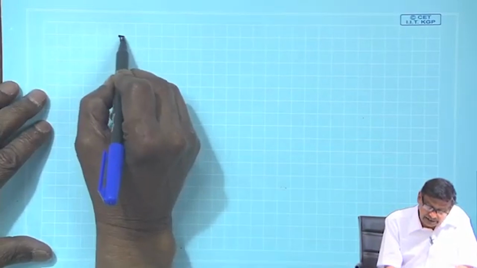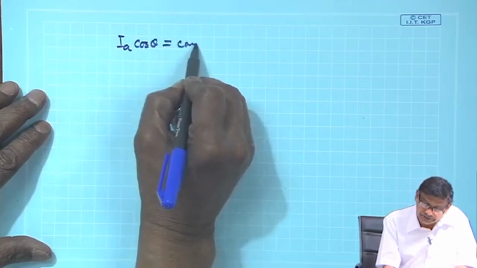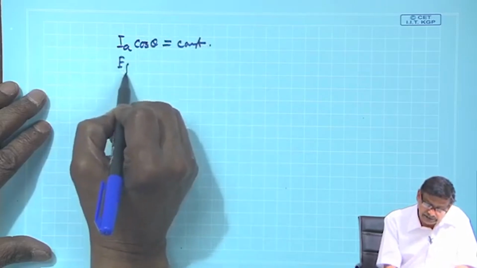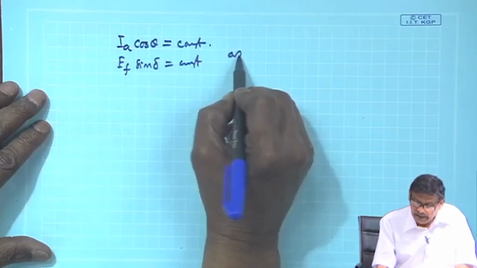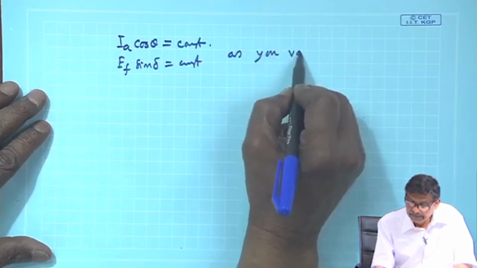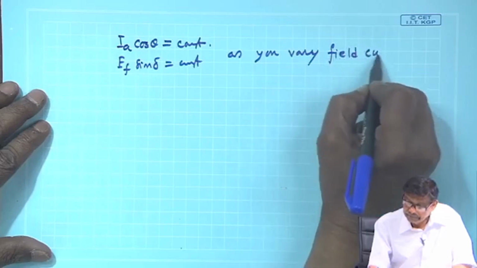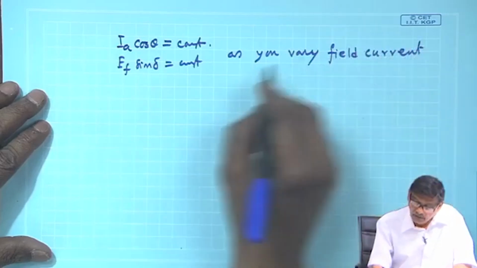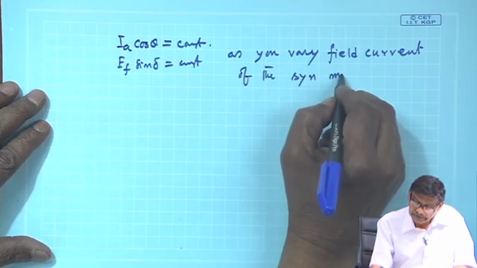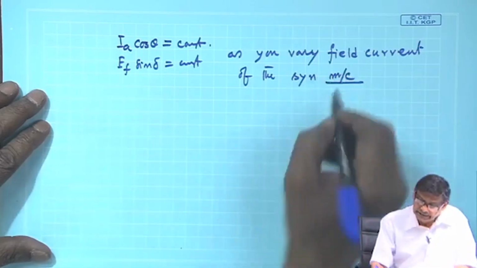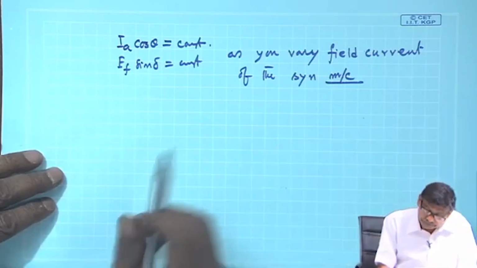The point is I a cos theta has to remain constant, E f sin delta has to remain constant as you vary the field current of the synchronous machine. I have taken the generator case.